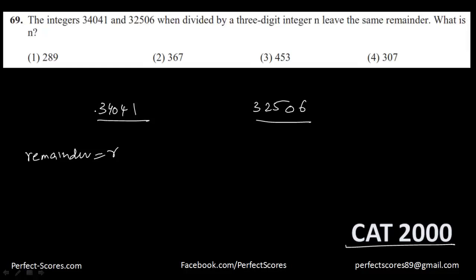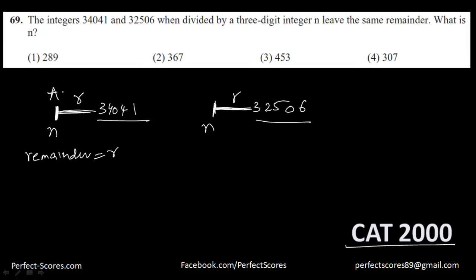So there will be a number here, r back here, which would be divisible by the 3-digit number n, and there would be a number here, r back here, which would also be divisible by n, right? Because when you divide this number, there is a number here that falls r short of 32506, and when you divide this by a 3-digit number, again there's a number here divisible by n, which falls r short of that number.